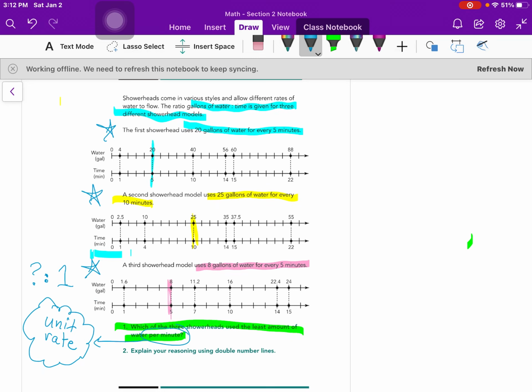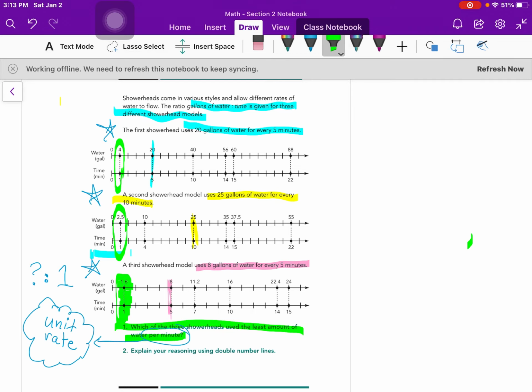Well, if you look at the double number line, they were able to show you per minute, per minute, per minute. Now, which one of these has the least amount of water per minute? Hopefully, you said this last one. It only emits 1.6 gallons per minute as opposed to 2.5 and to 4.